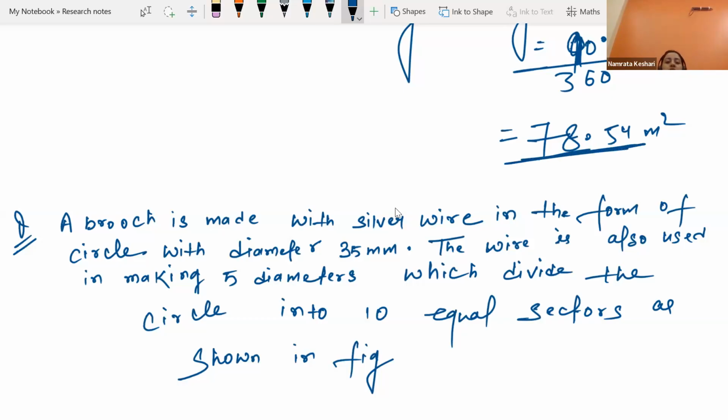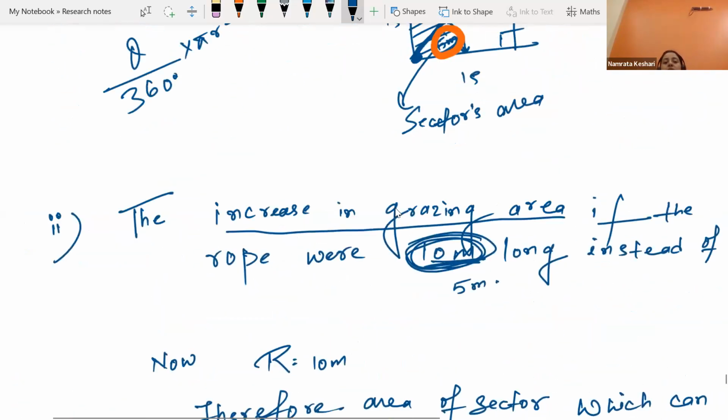If you have got that, then here we don't have to find the area when we have 10 meters as the radius. Here we have to find the increase in area. That means whatever area there is now and whatever area we found previously, we have to do the subtraction to get only the increased part.